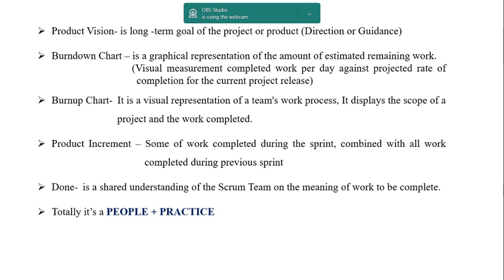from the product owner. Here are the two key graphs I wanted to quote, the burn down chart and the burn up chart, which show whatever target we considered, how much we fulfilled, and how much is yet to be finished. The burn down chart is a graphical representation of the amount of estimated remaining work, a visual measurement of completed work per day against a projected rate of completion of a current project release.